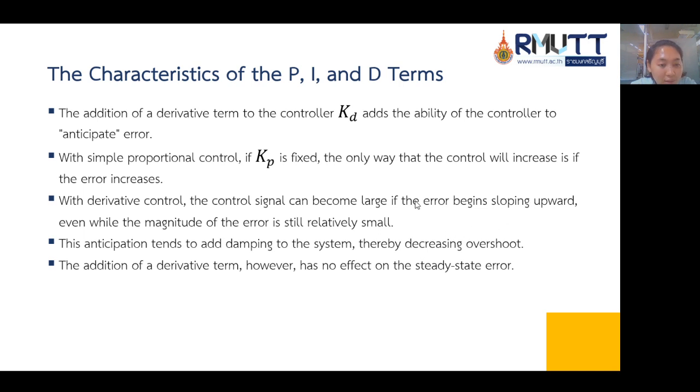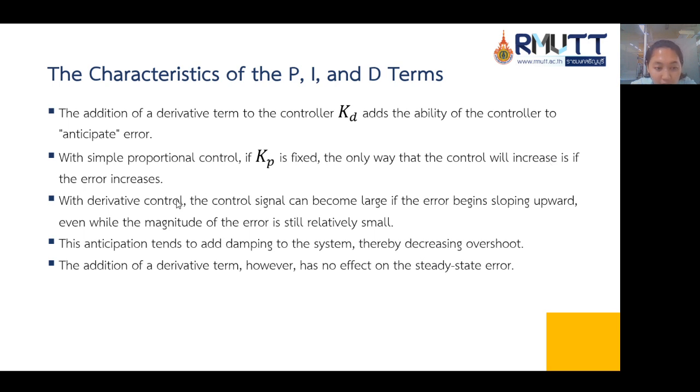And then the characteristic of derivative: the addition of a derivative term to the controller adds the ability of the controller to anticipate error. With simple proportional control, if the proportional gain is fixed, the only way the control will increase is if the error increases.